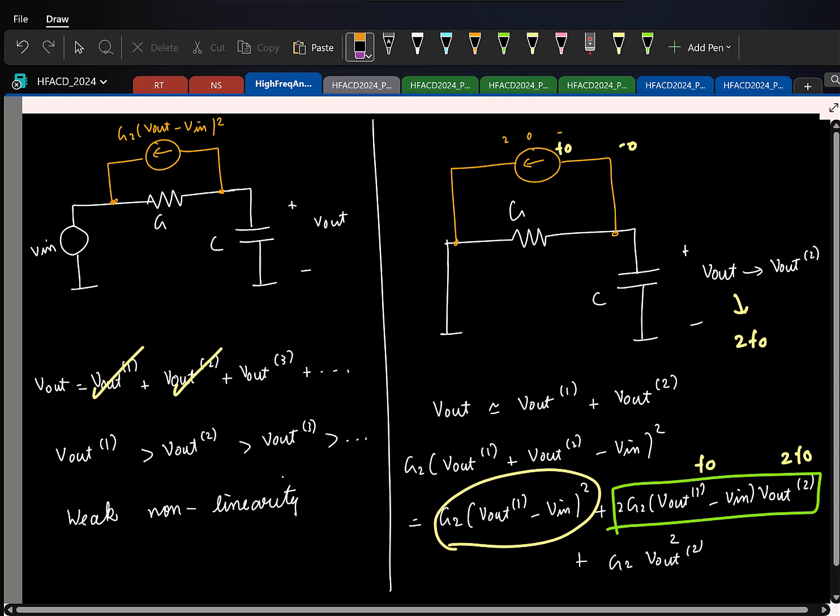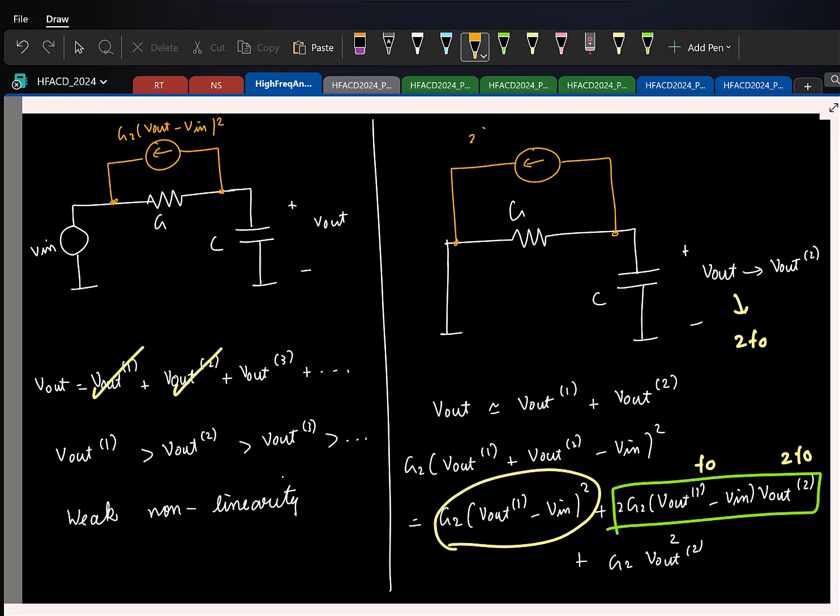So basically here the injected current will be 2G2 times V out 1 minus V in times V out 2. If I do that, I'll once again find what is V out in this case, and that will give me V out 3.